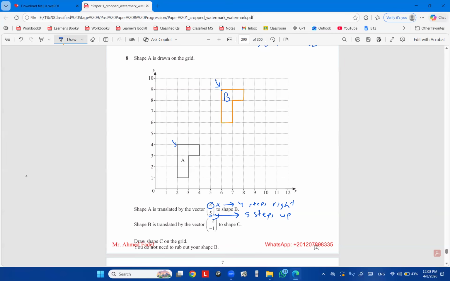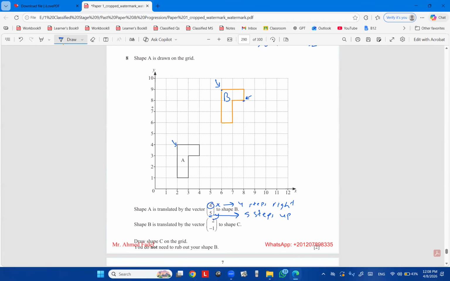All right, shape B is translated by the vector (2, -1) to shape C, which means it moved 2 steps to the right and 1 step down. So 2 steps to the right, 1 step down, it is going to be here. So this point is going to start from here.